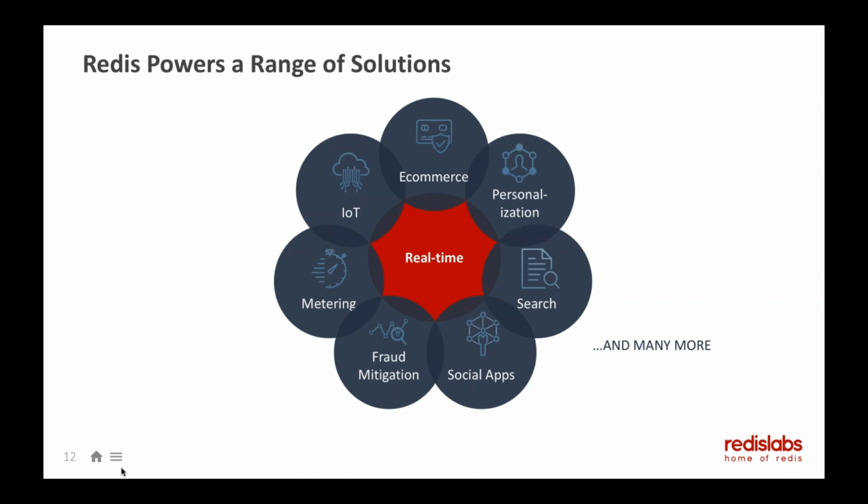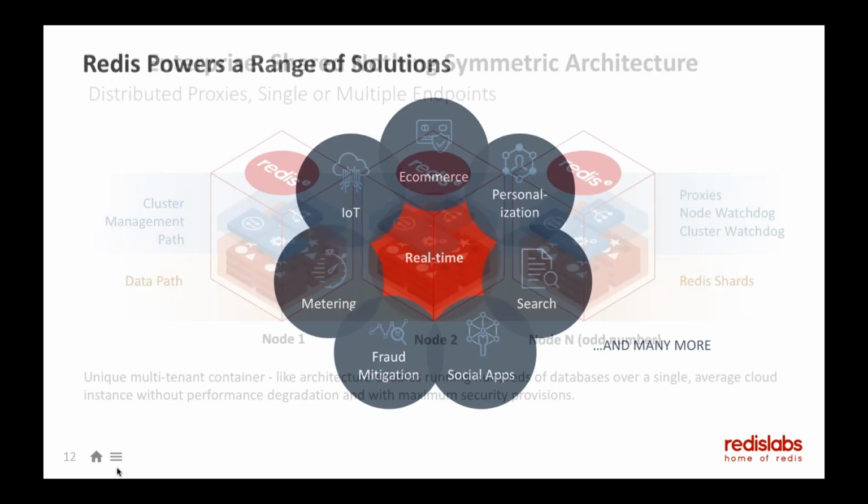You can also use it for personalization, search, and social apps. But this list of use cases will keep growing, so I just wanted to highlight some of them. If you're not familiar with Redis itself, these are some of the primary use cases.